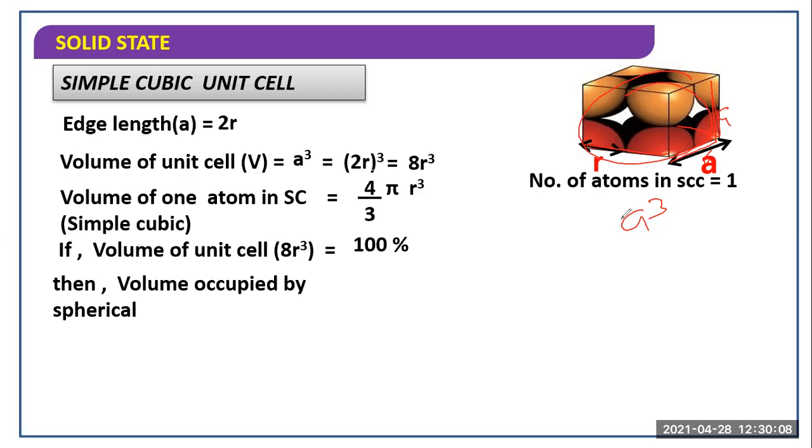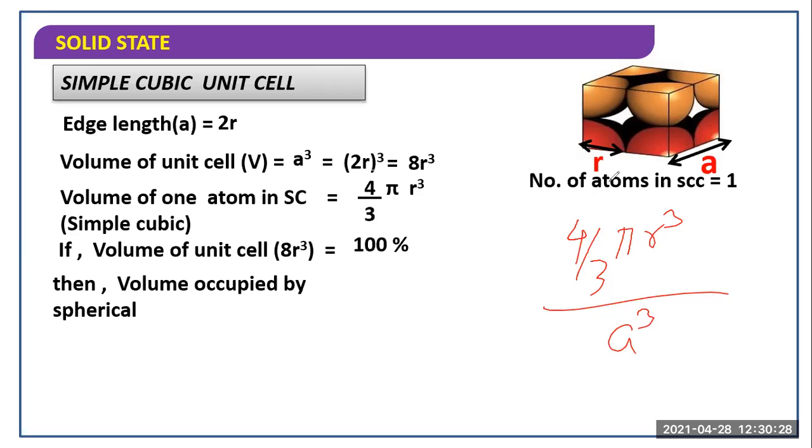But how many atoms are there? In the simple cube, there is only one atom. And volume of the one atom is 4/3 pi R cube, where R is the radius of the atom. And total volume is A cube.